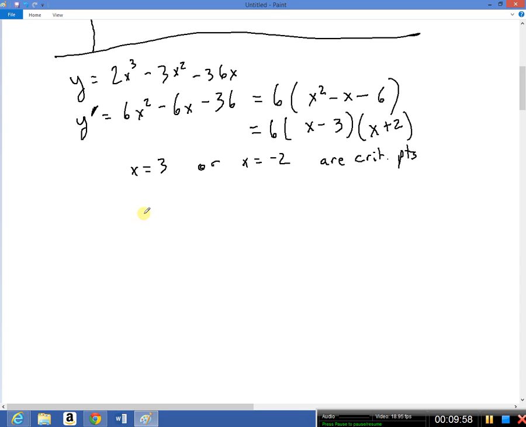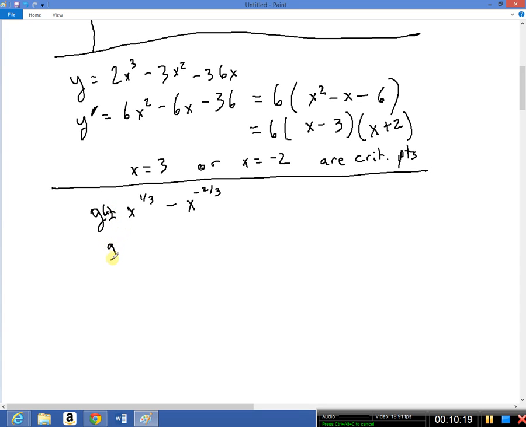Okay, that's it for number 31. Let's take a look at number 38. 38 says x to the 1/3 minus x to the negative 2/3. So this is our function, or I guess they called it g of x.